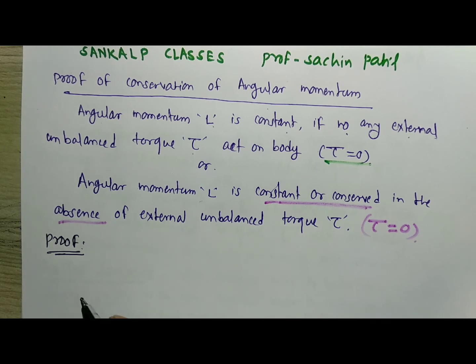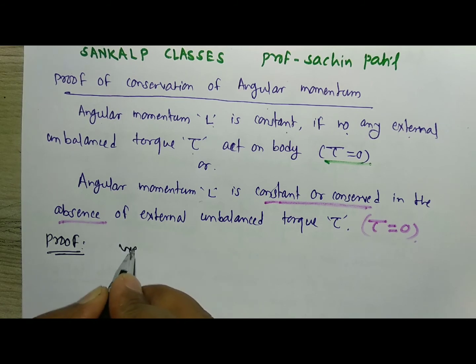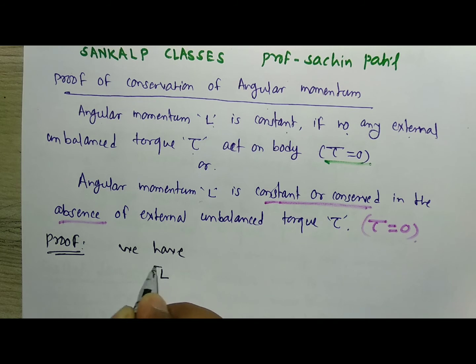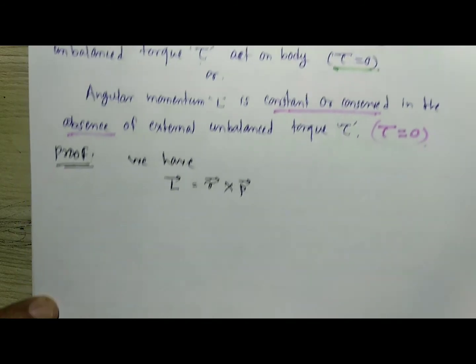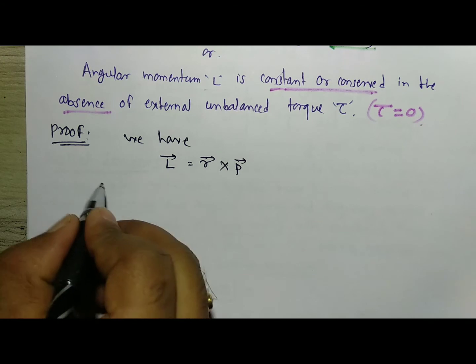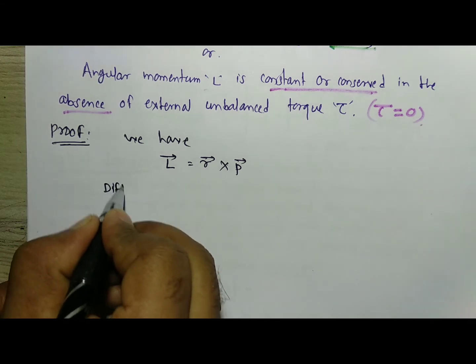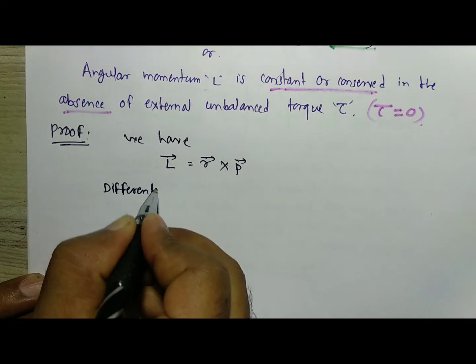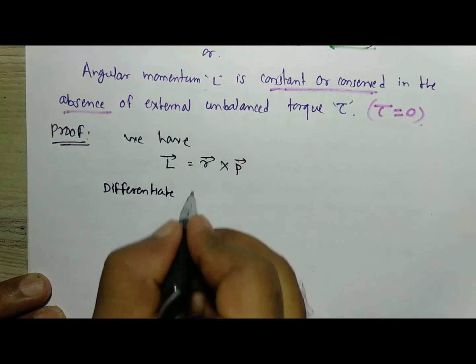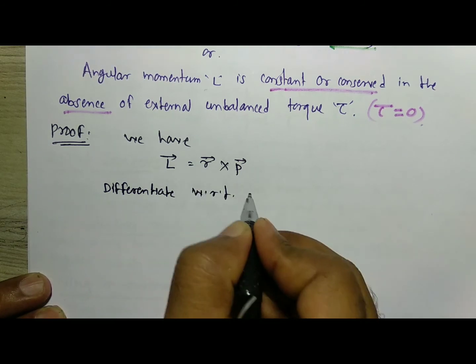We know that the angular momentum is L bar equal to R bar cross P bar. Now differentiate with respect to time t.